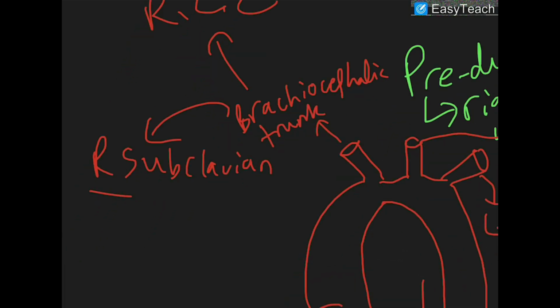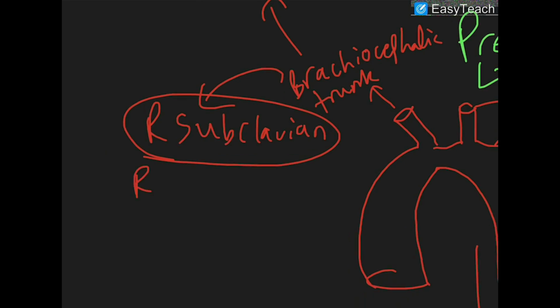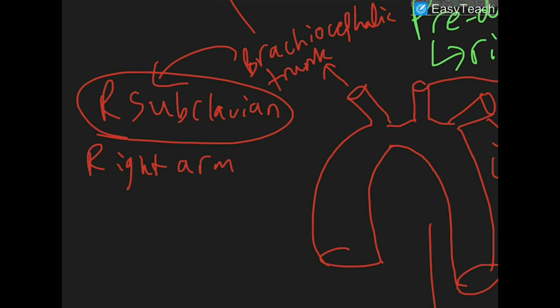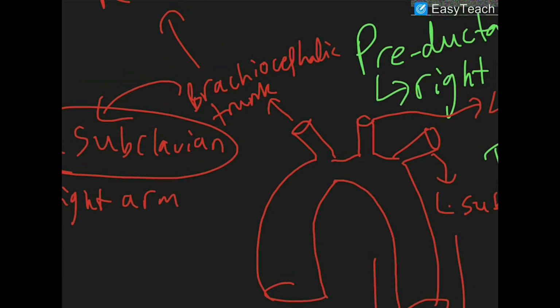Our right subclavian will help supply oxygenated blood to our right arm. Same thing with our left subclavian, which will help supply blood to the left arm. The right and left common carotid will help supply the neck and head. So those are the branches of the aorta: the brachiocephalic trunk, left common carotid, and left subclavian.